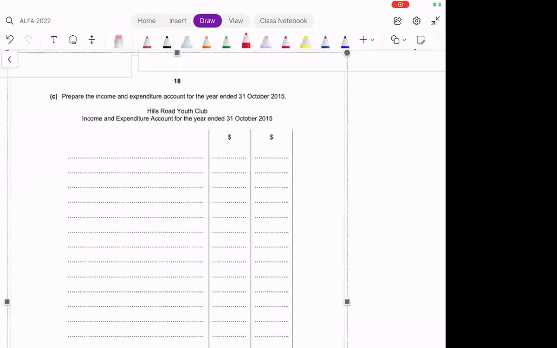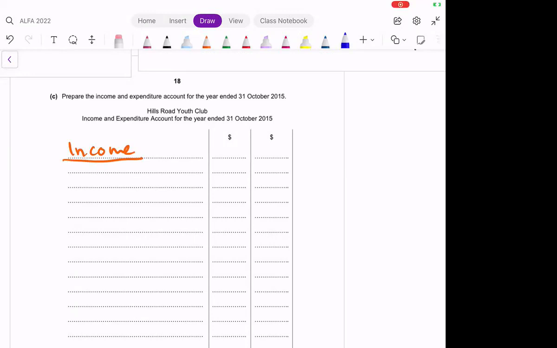The formula is start with income and minus the expenditure. The income we first calculate from the previous answer. All the income from the previous answer, then receipts and payments, and also balance b/d and c/d.